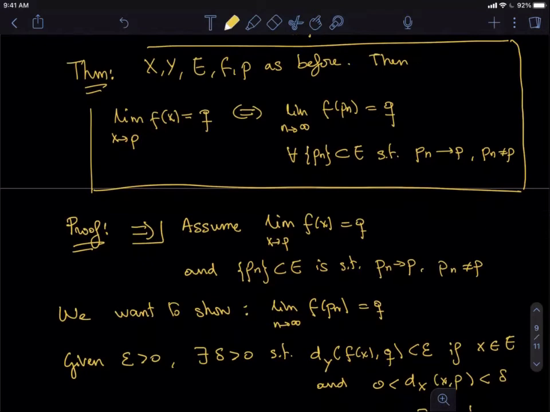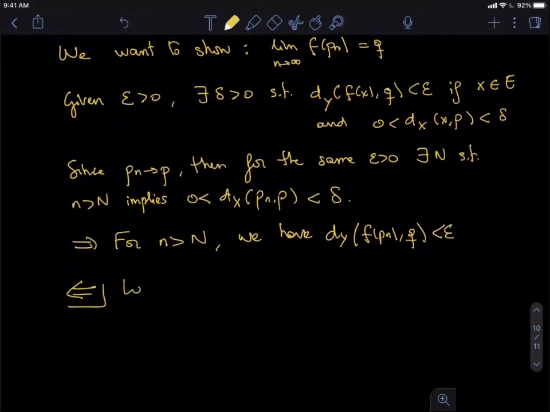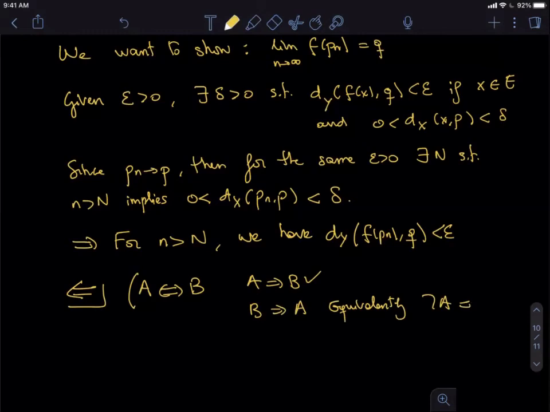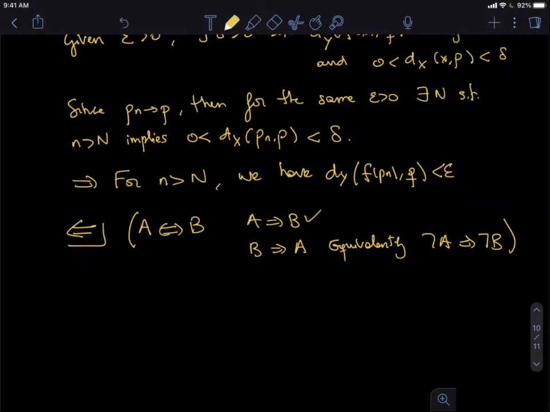But an equivalent way to prove this is to assume, so we are proving, this is a side note, we're proving A if and only if B. A implies B, this is done, and then we want to show that B implies A. But for this one, something that is equivalent is to show that not A implies not B. Okay, so this is what we are going to do.